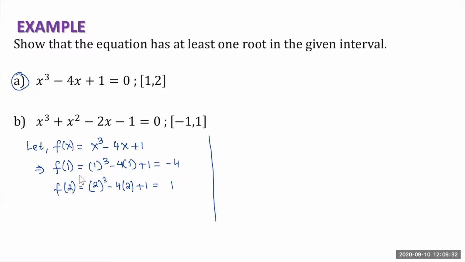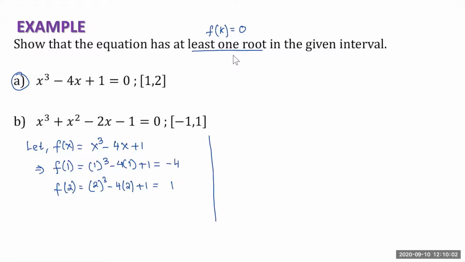So f of a is negative 4 and f of b is 1. Now, what we have to do is prove that there is at least one root in this interval. When we say root, that is, for some value of the function, it must be 0. That is the meaning of the root.